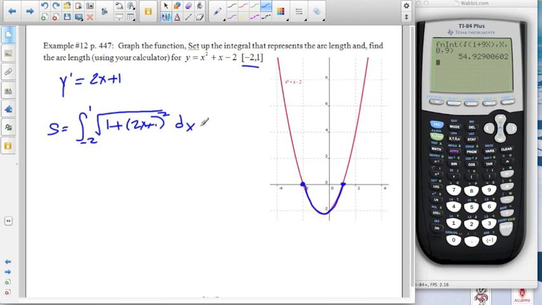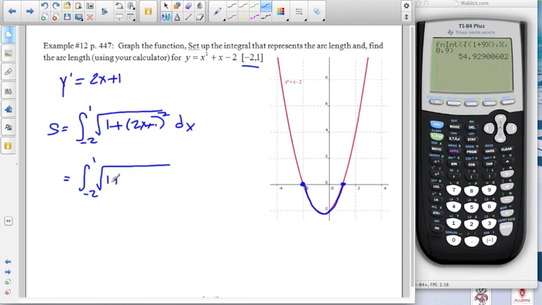And again, I would use the fnInt capability of the graphing calculator. I think what I'm going to do though is simplify the radical just a little bit so it doesn't look so clunky in the calculator.